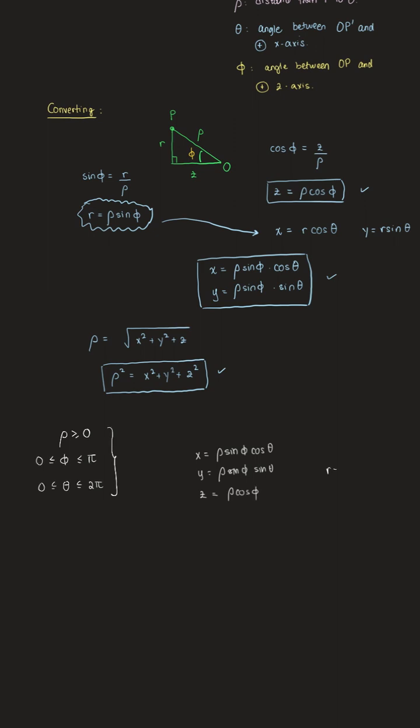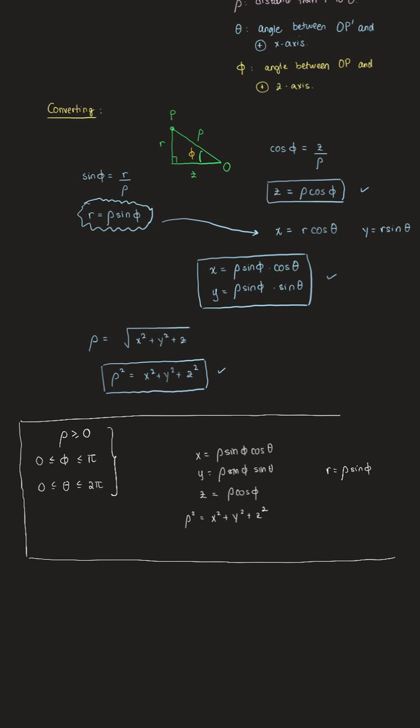We also have that r is rho sine phi, but that's not a direct relationship between rectangular and spherical. But finally, we have that rho squared is x squared plus y squared plus z squared, which comes from our distance formula. So these are the elements that I would recommend remembering so that we can use them in triple integrals when we have some kind of symmetry about a point, like spheres or cones.